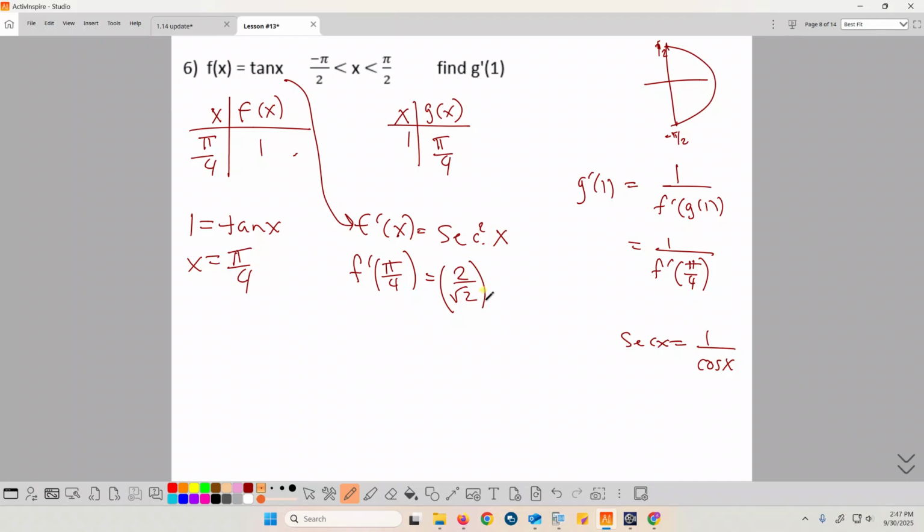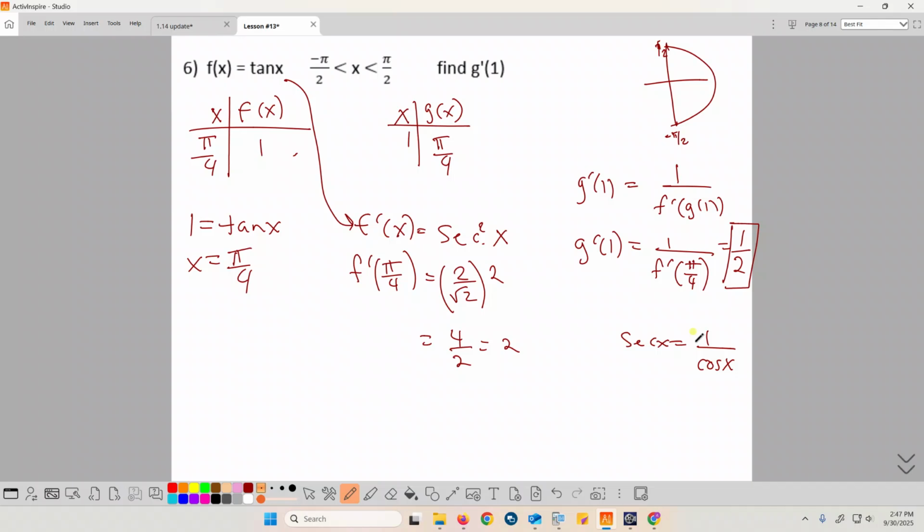Now, I do want to square this, though. Go ahead and put a square here and just kind of simplify it from here. Well, we know 2 squared is going to be 4, radical 2 squared is going to be 2, and of course 4 over 2 is 2, okay? So that's what I can plug in here for this f prime of pi over 4. So that means I get 1/2 for this value of g prime of 1, okay? 1/2, that's my final answer on that, okay?